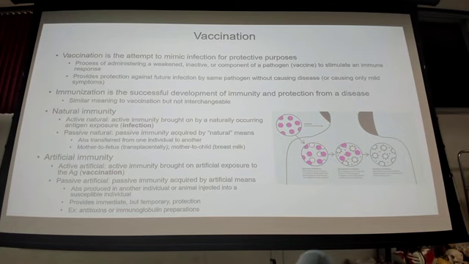However, there's another type of natural immunity, natural being not from medical countermeasures, and that's passive natural immunity. This is when you transfer antibodies from one individual to another. So you didn't make the antibodies, someone else did, and this is happening naturally.